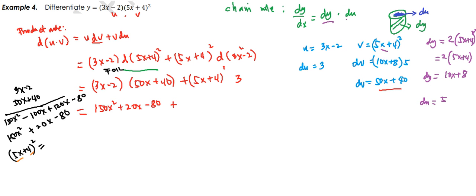So, paano yon? So, mangyayari parang ganito. So, square the first term, you have 5x squared. And then square the second term, so you have 4 squared. Tapos, to get the middle term, kailangan natin i-multiply ang first term at saka second term. So, you have 5x times 4, that is 20x.